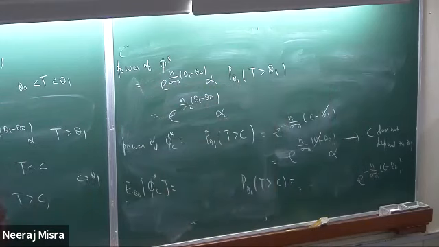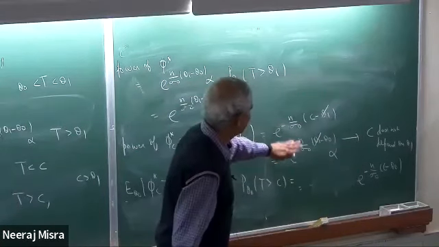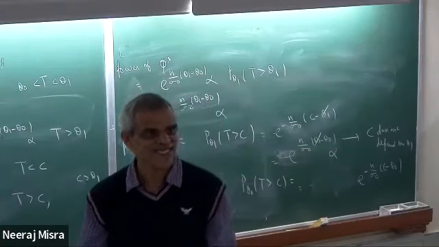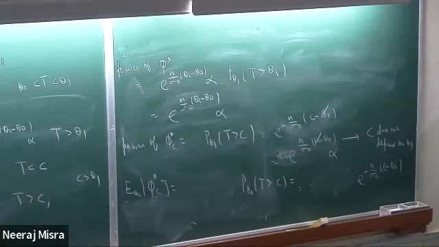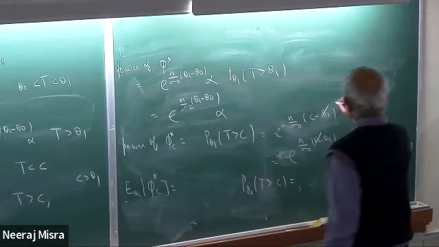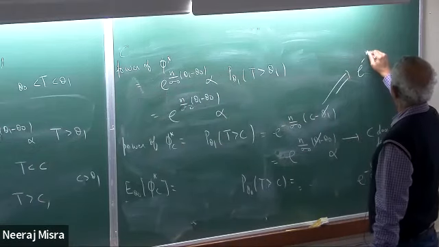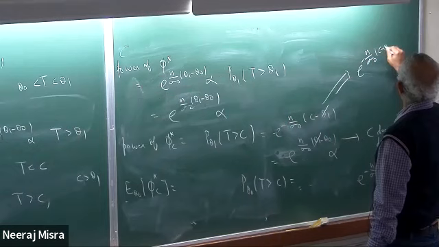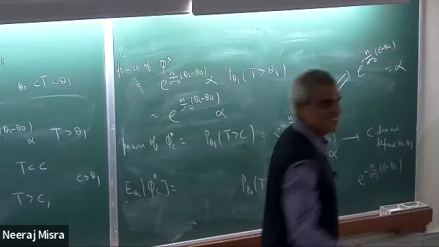And what is this quantity? You can see from here, C is given by this equation. So what is this quantity? Actually, from here, if you solve it, this gives e to power minus n by sigma naught (C minus theta naught) is equal to alpha.